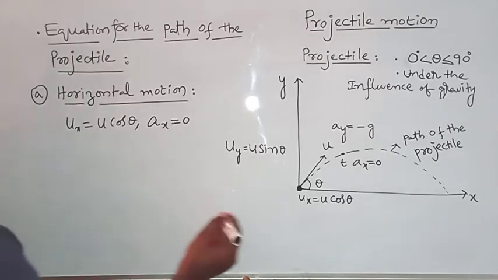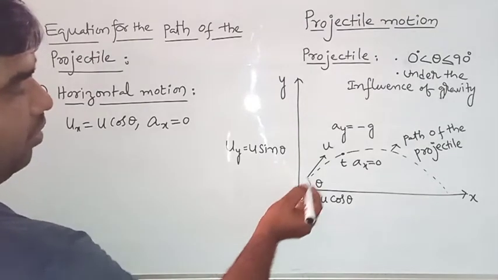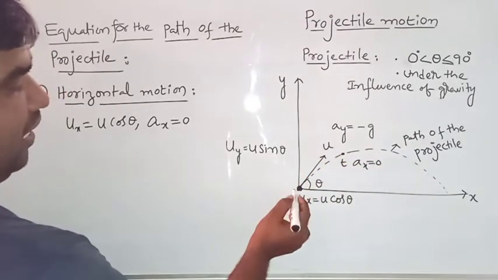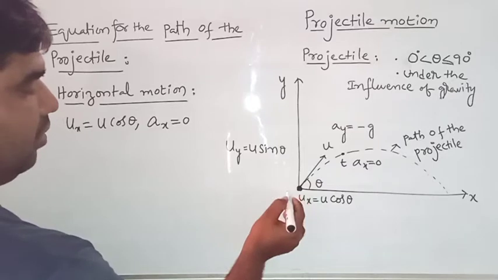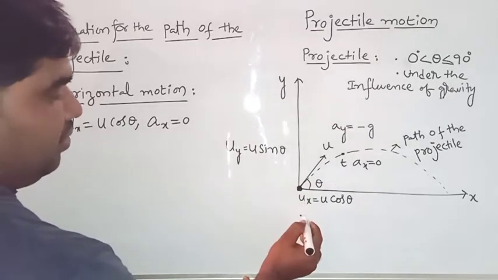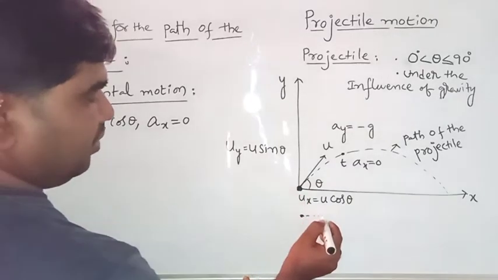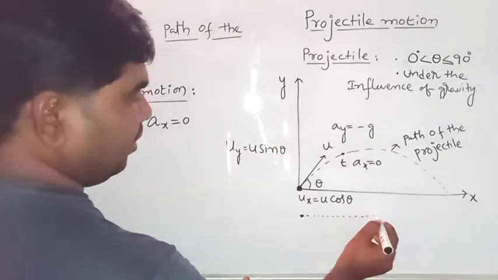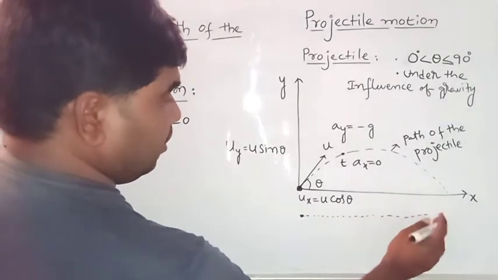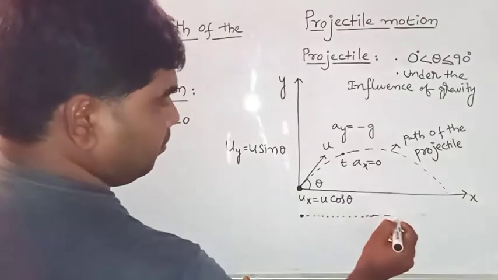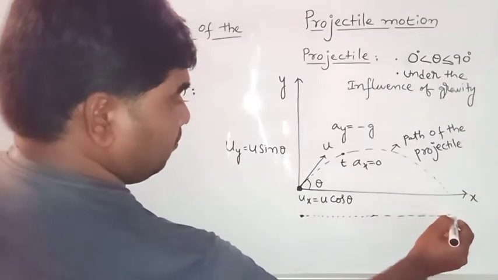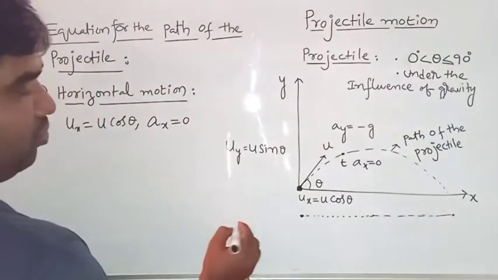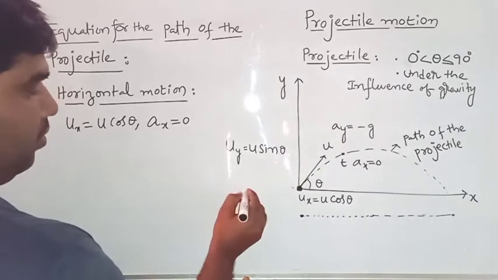Here, this projectile motion we can study in 2 cases. One is horizontal, that means you can take this object's horizontal motion along this direction like this. And again vertical motion also you can study here.